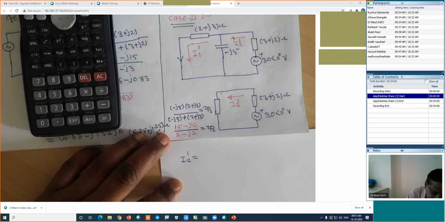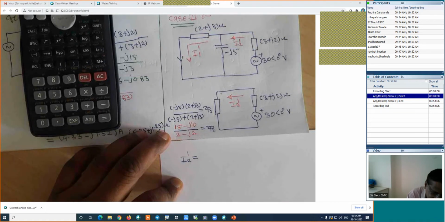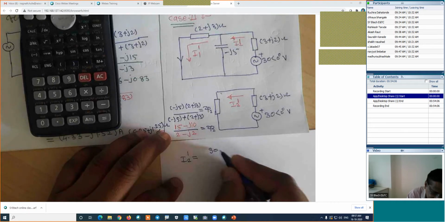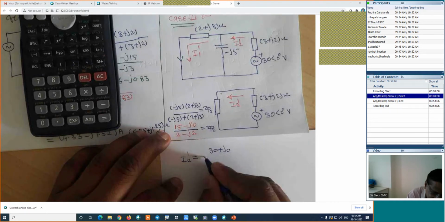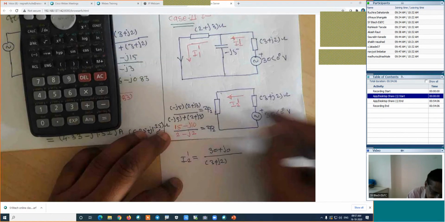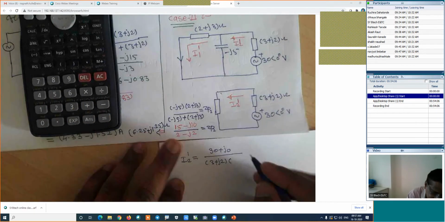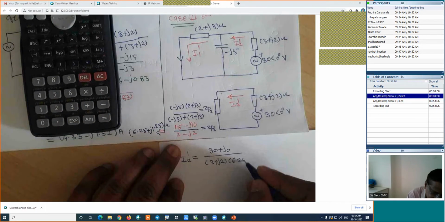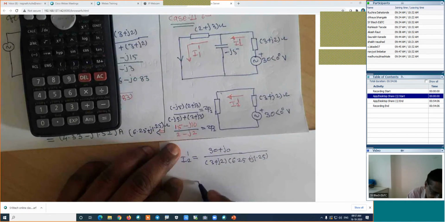It is equal to total voltage divided by total impedance. Total voltage is 3 plus j0, divided by total impedance, which is 3 plus j2 plus this impedance, 6.25 plus j1.25. I will work out this calculation and find this I2 dash.